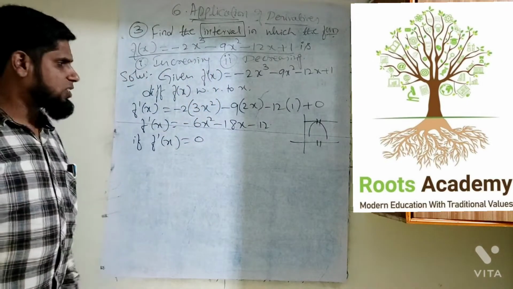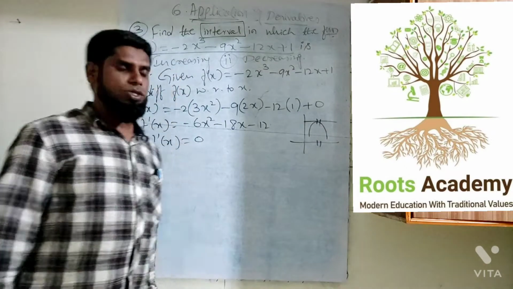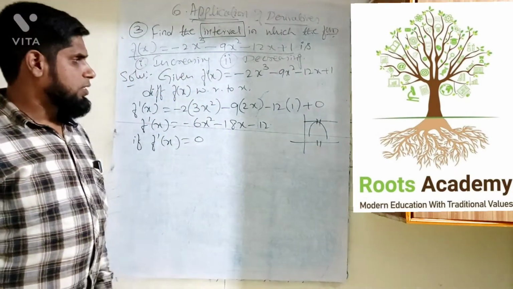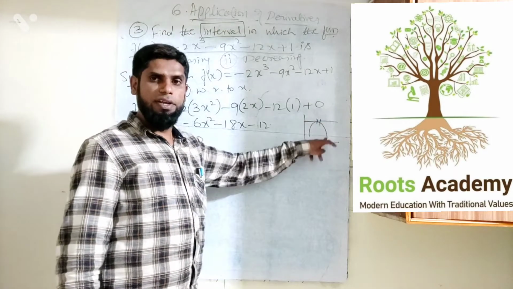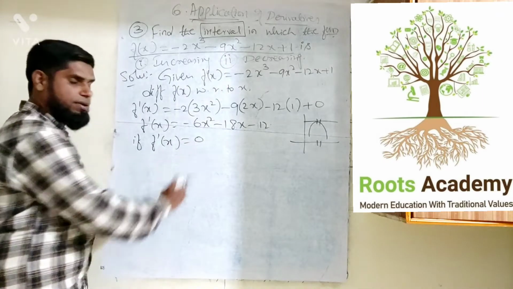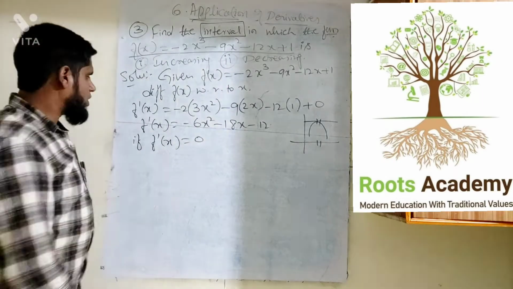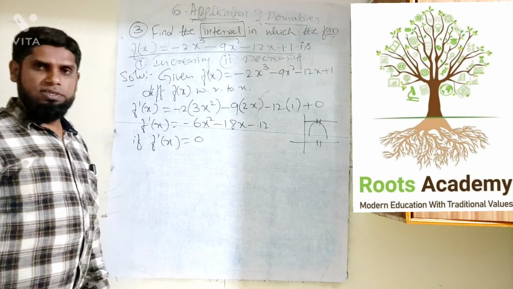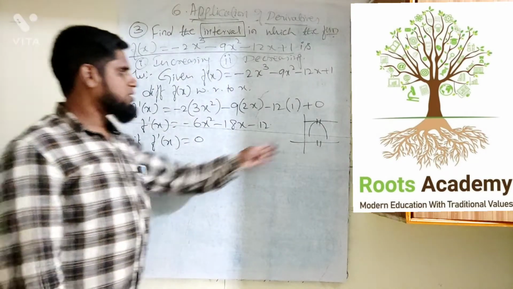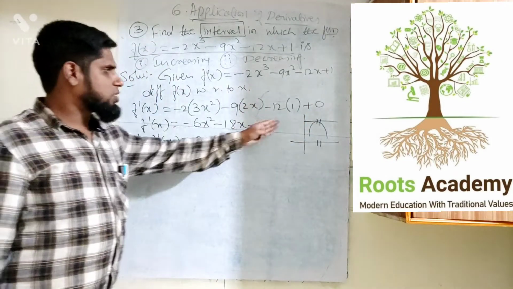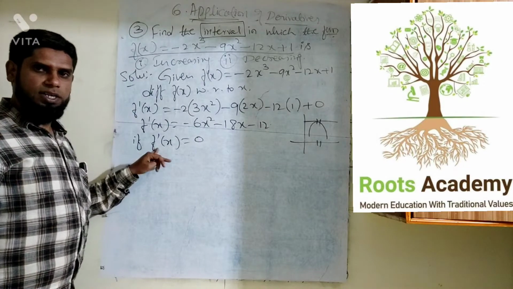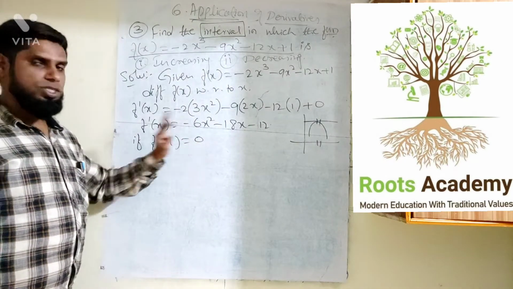The tangents are always parallel to the x-axis. So these tangents do not have any slope. That's the reason we are considering the derivative to be 0. Because we know that the derivative is nothing but the slope of the tangent, or you can call it the slope of the line. So since there is no slope to this tangent, for that reason we are considering f dash of x as 0 here.